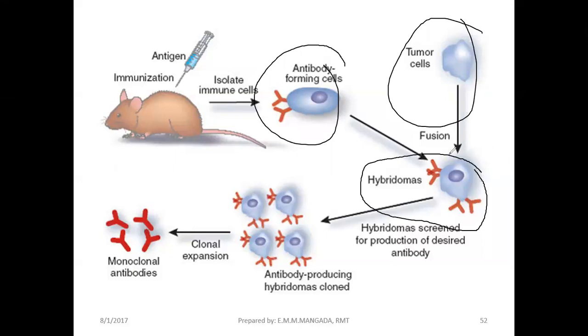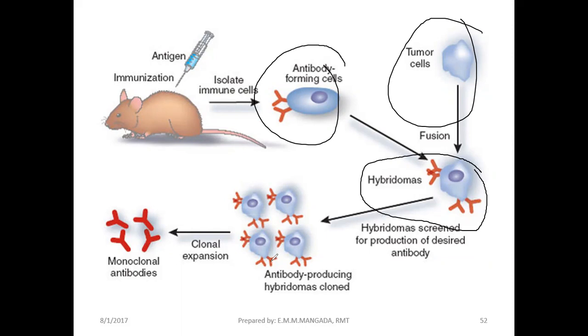Okay, so after that, these hybridomas will be screened. Ibig sabihin, there is this B cell isolation that we do. We separate B cells according to the type of antibodies they produce.